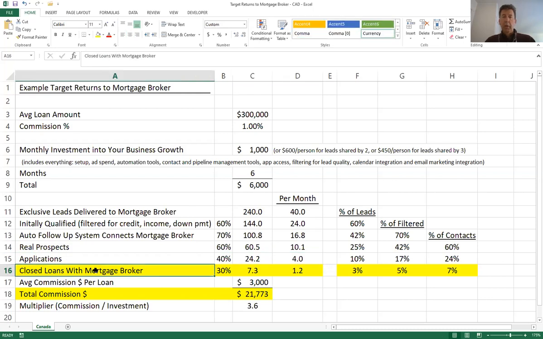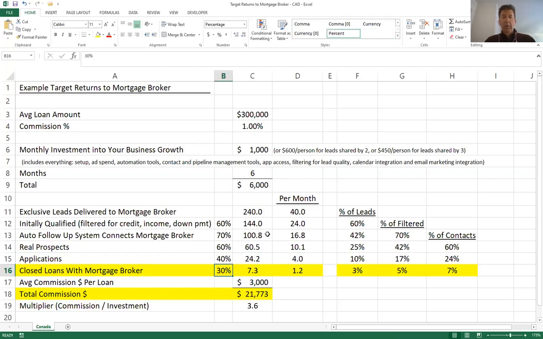And of course, not all those applications are going to turn into closed loans. I'm going to use a figure of, say, 30%. And you're going to know these numbers better than I will, but I hope you see these as being realistically conservative. And so we're looking at, say, 7 over the 6 months and 1-ish per month as far as closed loans for you.